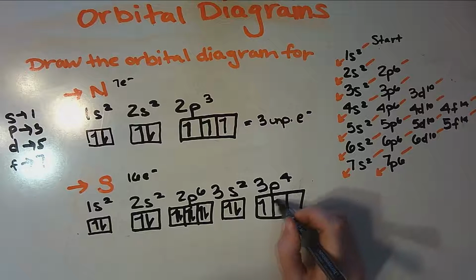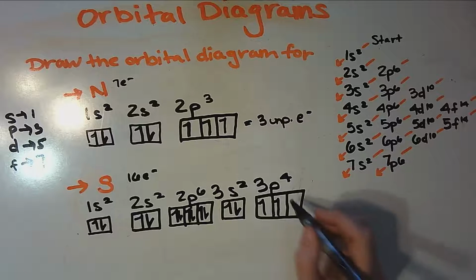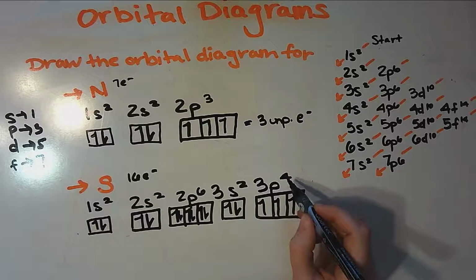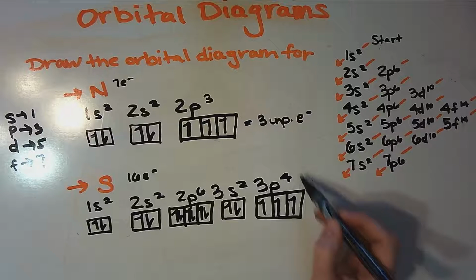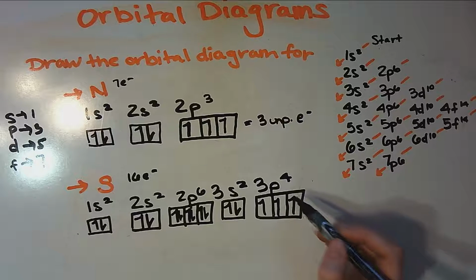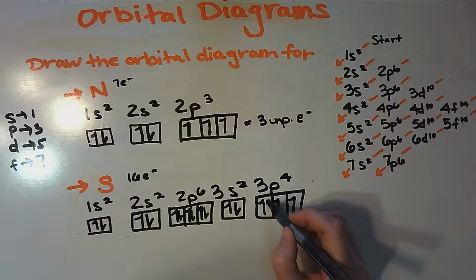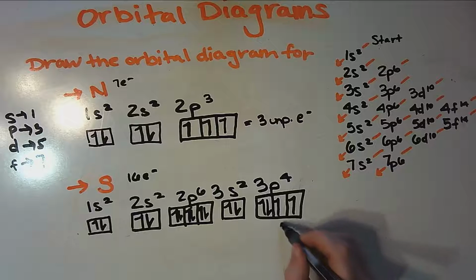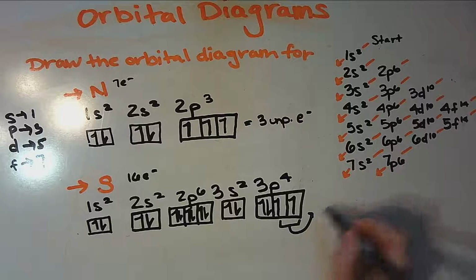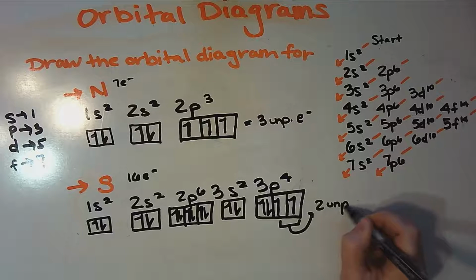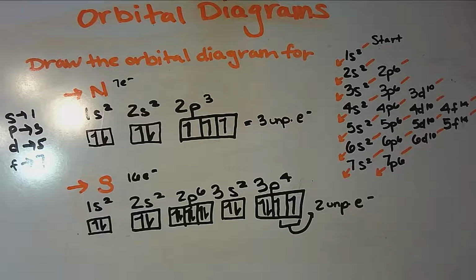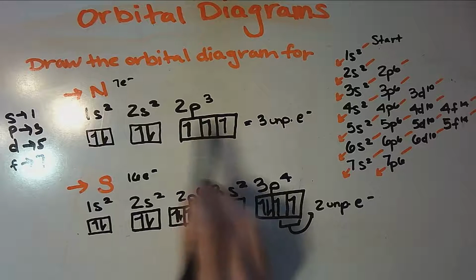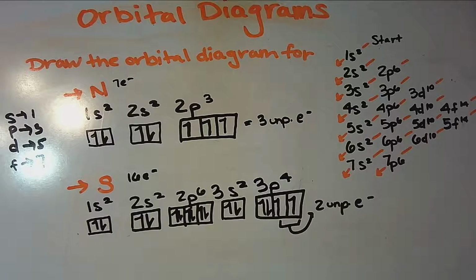An electron will fill each orbital within that sublevel first before pairing up. So I have 1, 2, 3, but my electron configuration ends in 4. So this first orbital is going to have 2 electrons in it, meaning that I have 2 unpaired electrons left.